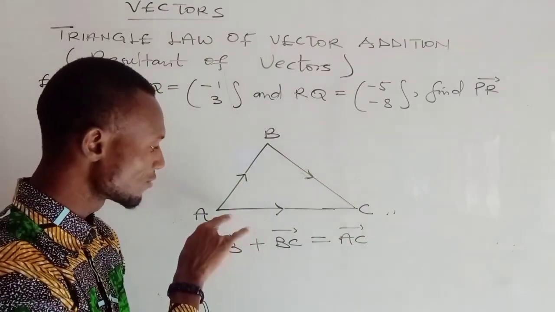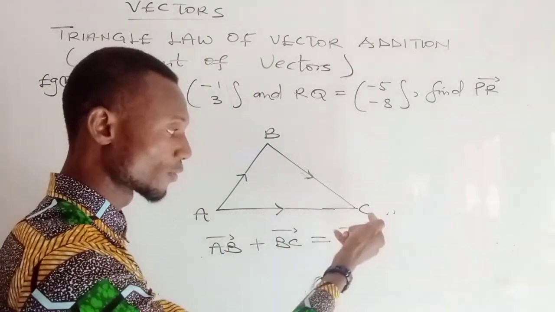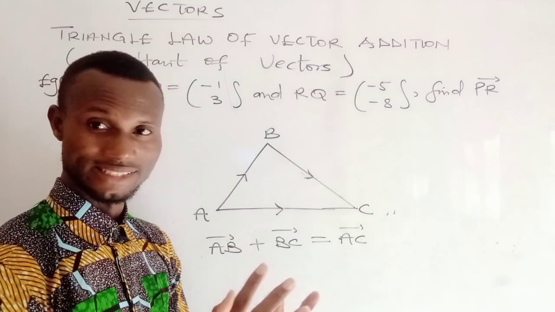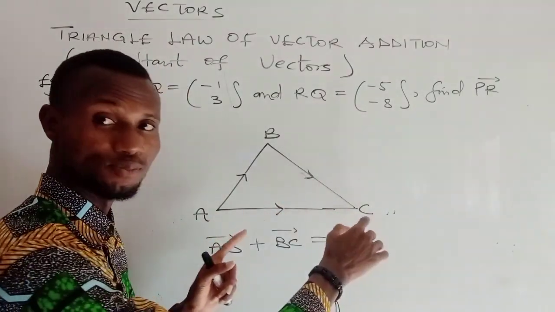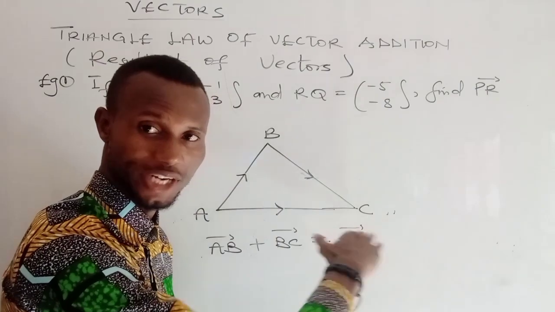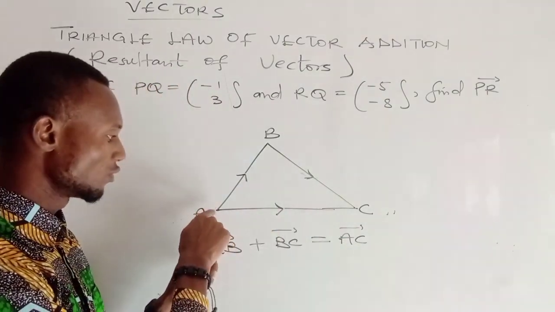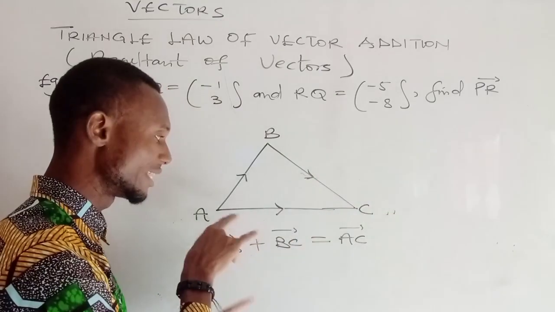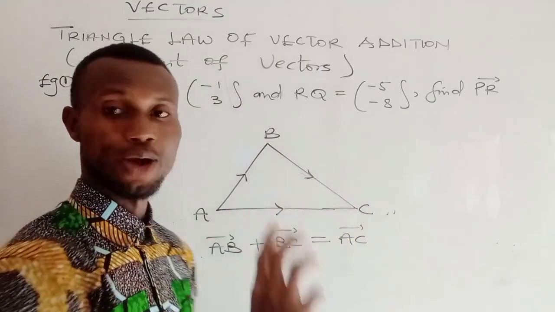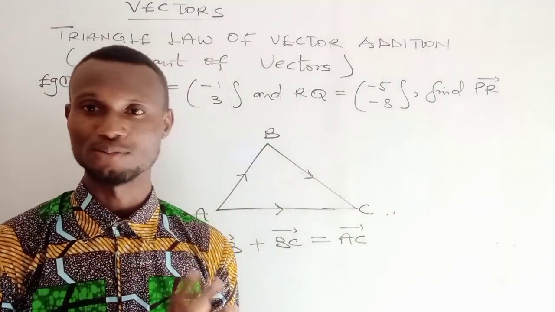Why? Because you are moving from A to C, not from C to A. I hope you understand. So that's why to get my AC, which is the base of the triangle, it is supposed to be AB plus BC. That should give me the AC. I hope the explanation is clear enough up to this point.